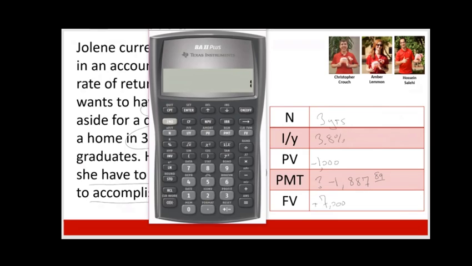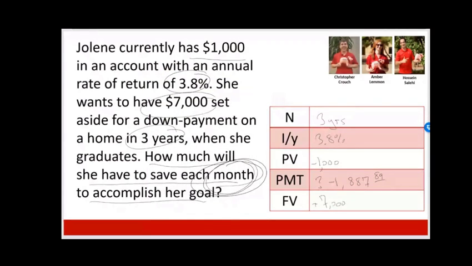If we were to save this $1,887.89 monthly, that would be 12 times a year for 3 years, and we already had an initial $1,000, then we'd have $68,000 in the account. So right there, you know there's a problem, right? All right, so how do we correct that?